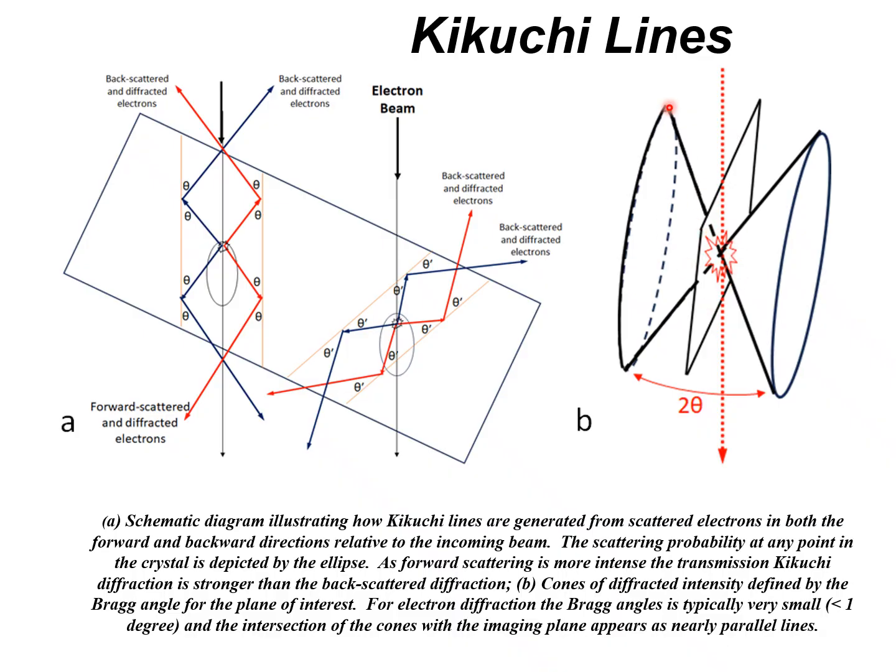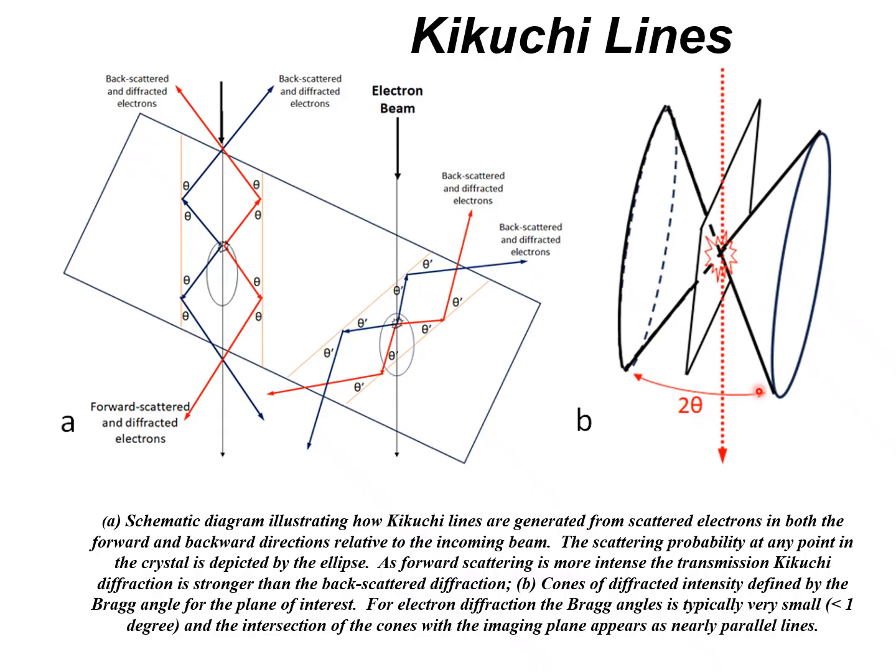And what that means is that there will be whatever planes are close enough to that scattering that can be at the Bragg angle from these scattered electrons.